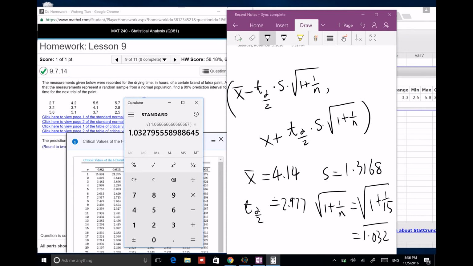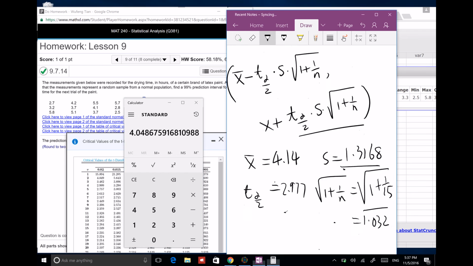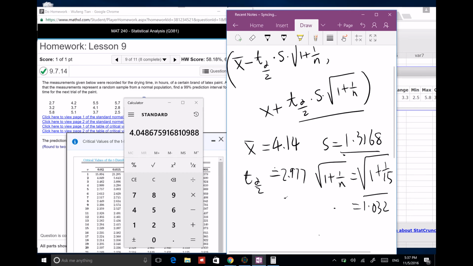Then multiply by t alpha of 2, which is 2.977, then multiply by s, 1.3168. All of these three together give you that, so basically I got 4.048.